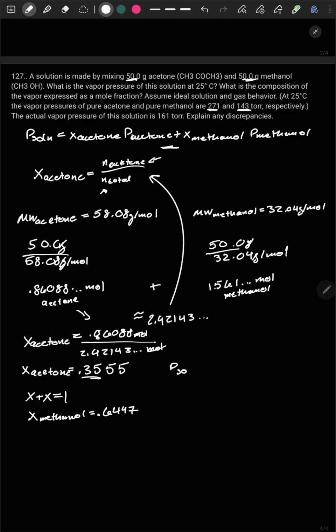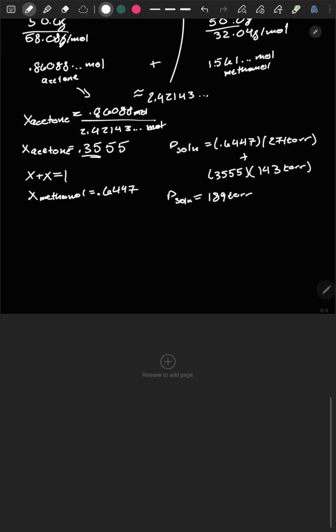The pressure of the solution is equal to 0.6447 times the vapor pressure of methanol, which is 271 torr, plus the 0.3555 times 143 torr, and we will get a pressure of the solution that is equal to 189 torr. But that isn't it for this question, so let me go ahead and get another page.